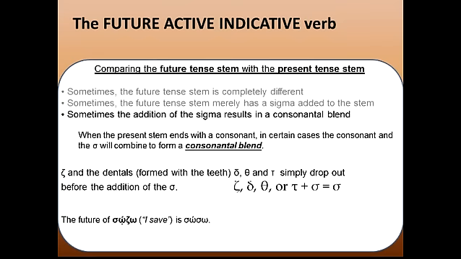Well, when one of these letters, zeta or one of the dentals, combines with sigma, what happens is the dental just goes away, and we're left just with the sigma. So we have the verb sozo, which means I save. And the future of sozo is soso. How did that happen? Well, here's our verb, sozo, in the yellow box.